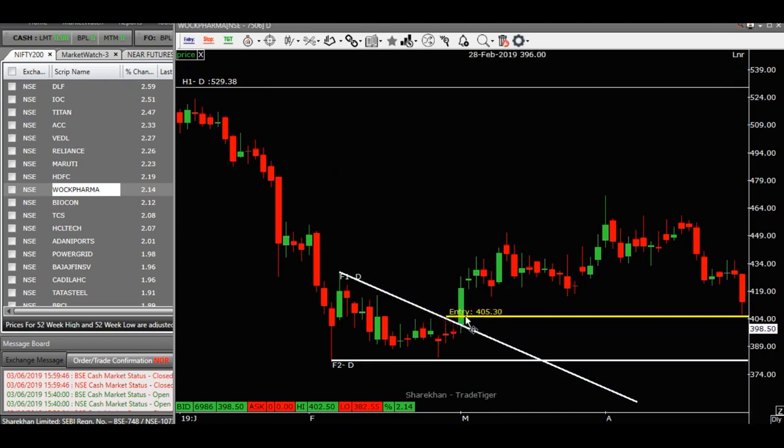So I enter on the breakout. Stop loss can go, we can keep it here, midway, right? If you don't want to risk too much. And my targets can be the swing highs, or simply keep it right here, right where the triangle starts forming. That will be my final target.